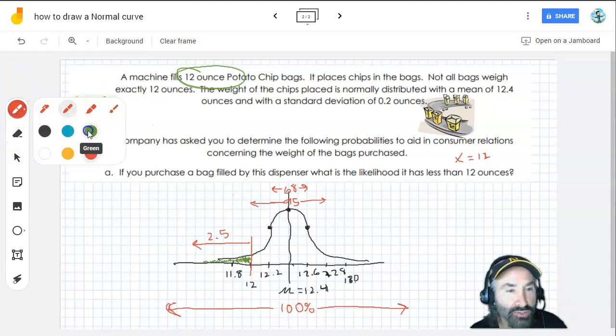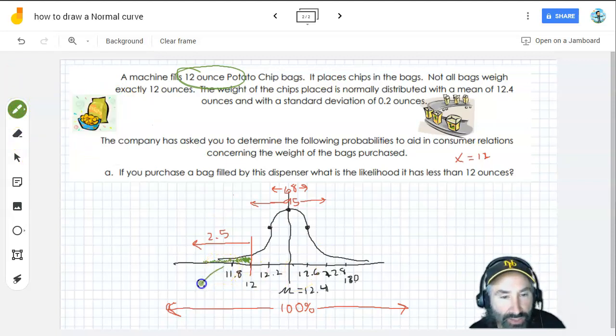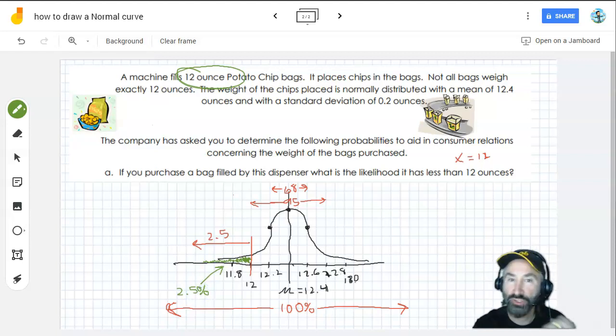Let me also label the green. What we're saying is the green shaded area should be 2.5%. Now, for the first time, we have a really practical situation, so we should really understand what that 2.5% means.